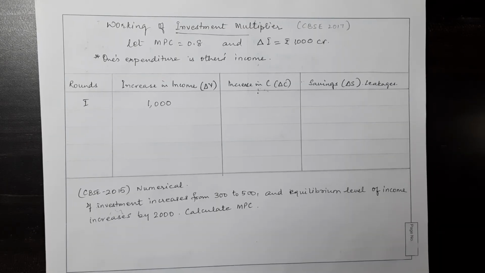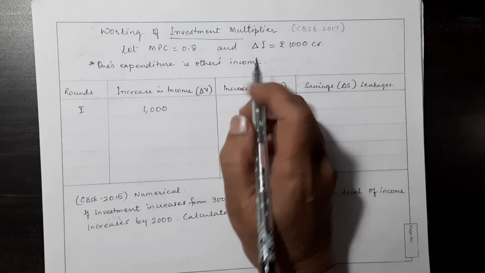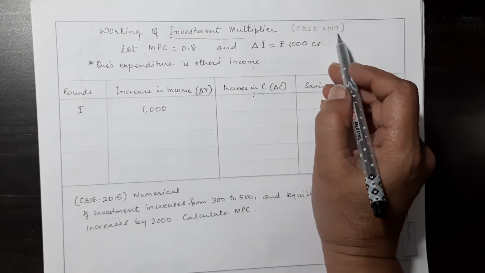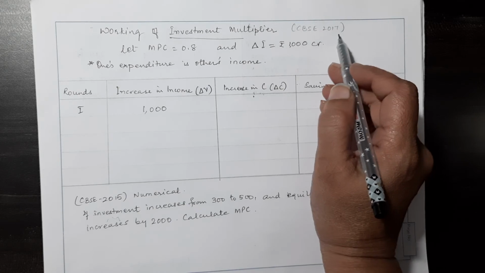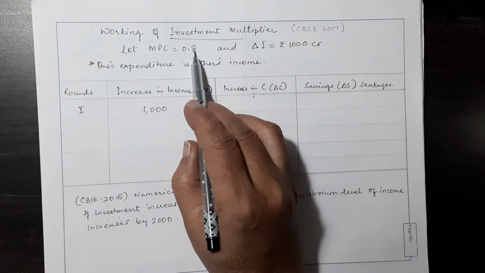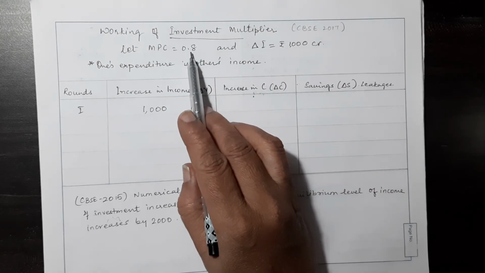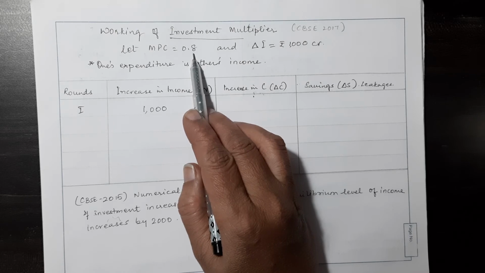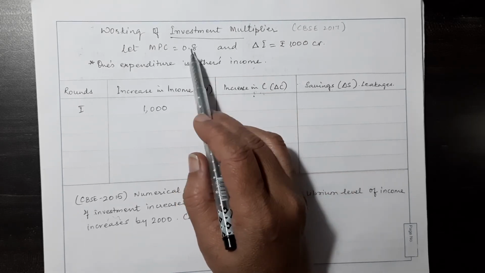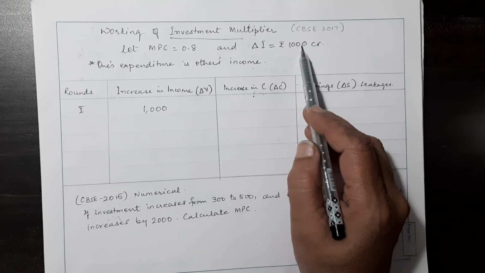Another important question that we are going to revise is the working of the investment multiplier. This particular question was asked in the CBSE 2017 question paper. Here I have taken MPC as 0.8. However, in the question paper, it was asked with MPC equal to 0.6. So for ease of calculation, let's take MPC equal to 0.8 and change in investment equal to 1000 crore.